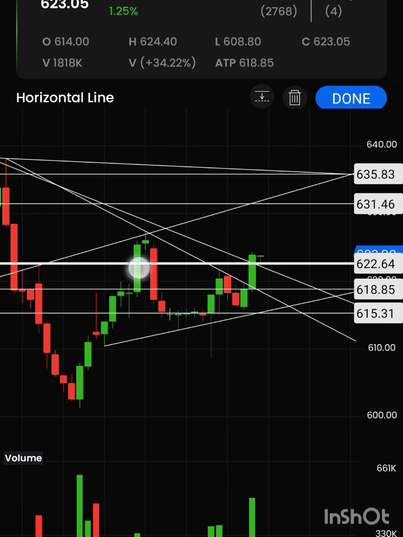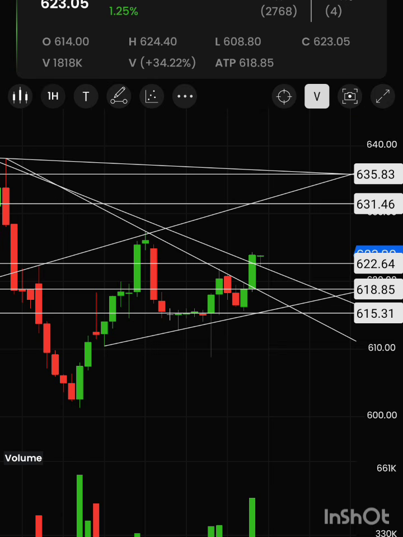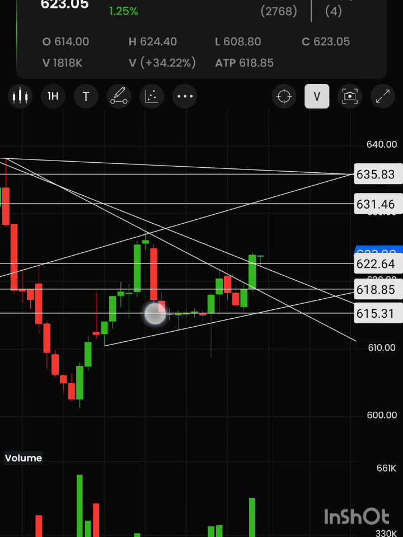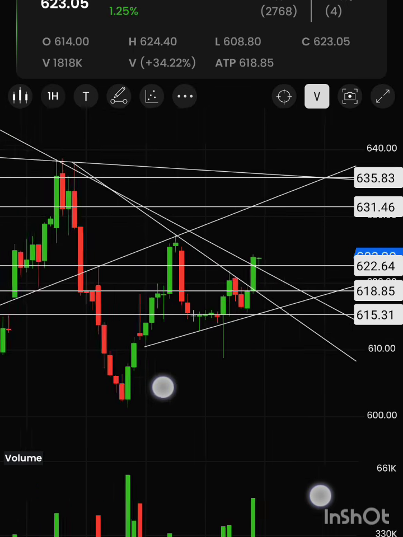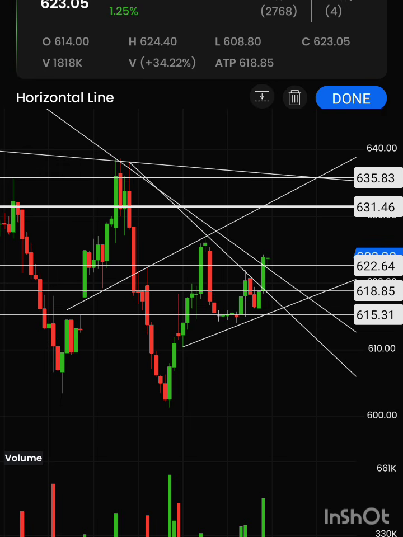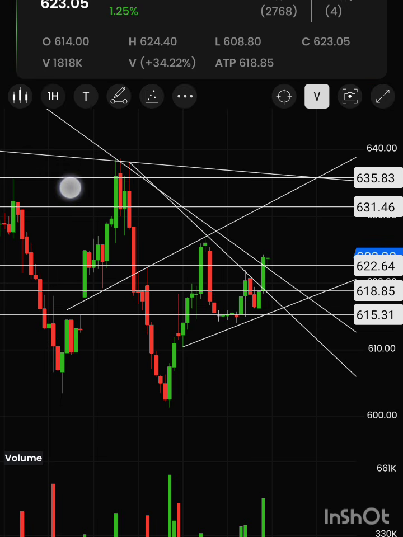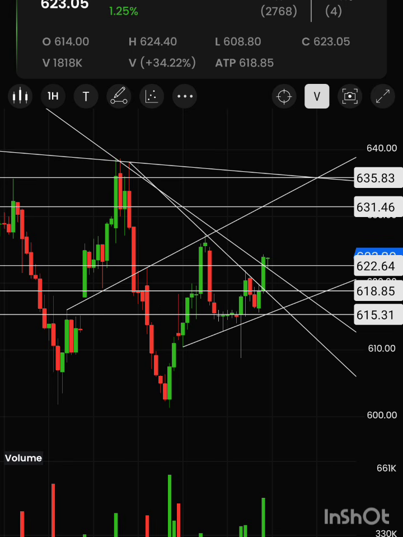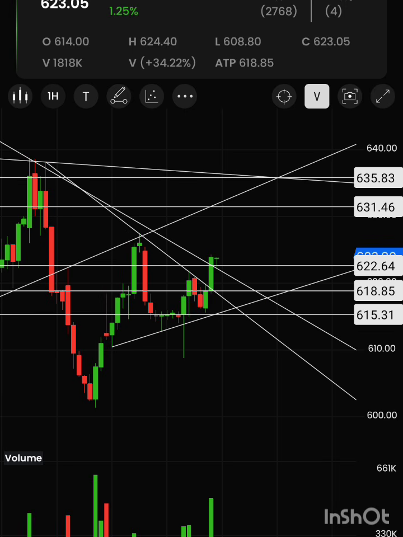So take an entry here at 422 above, then safe traders keep a stop loss at 618, and otherwise you can keep 615 below, and the targets you can expect around 630, 631 to 635, 636 range. Accordingly you can take a position in the call options too, that is around 620 or 630 call options.